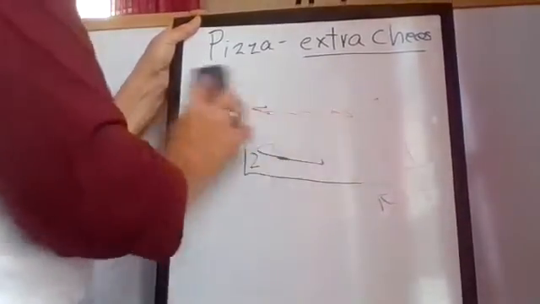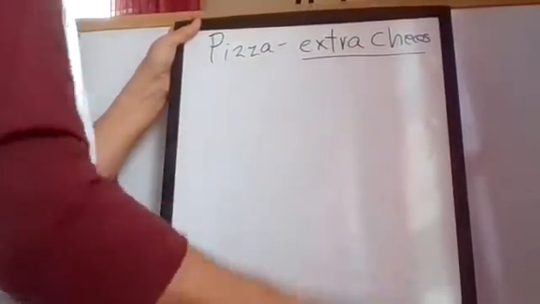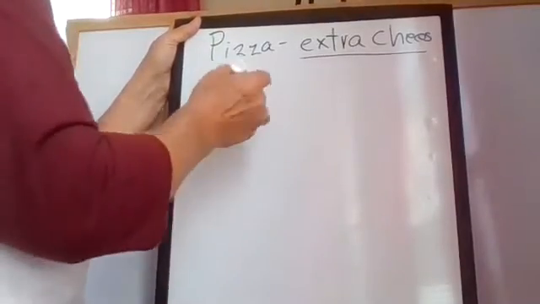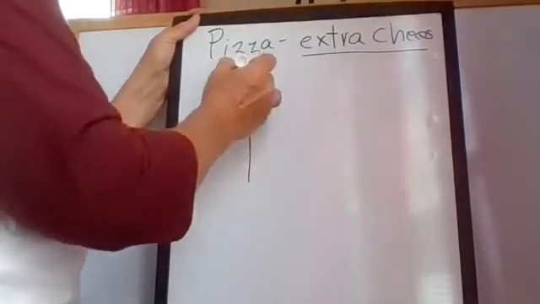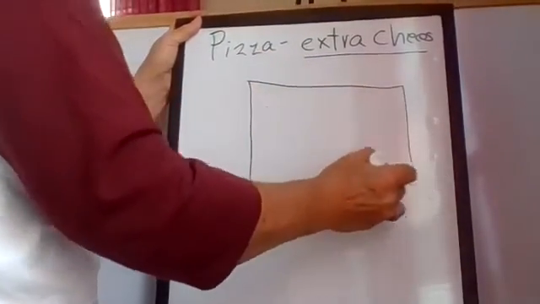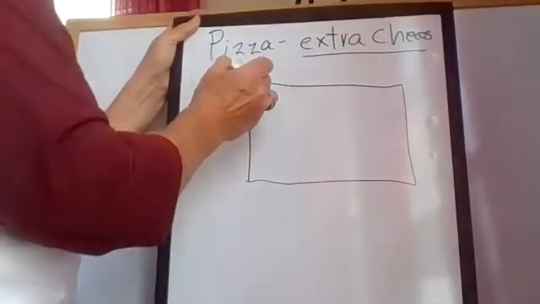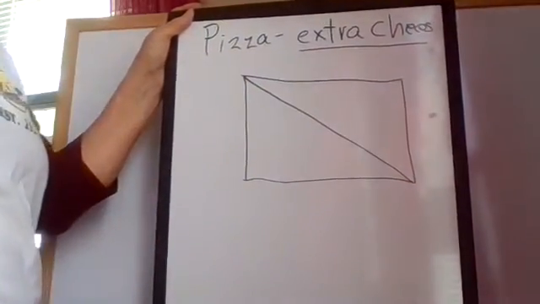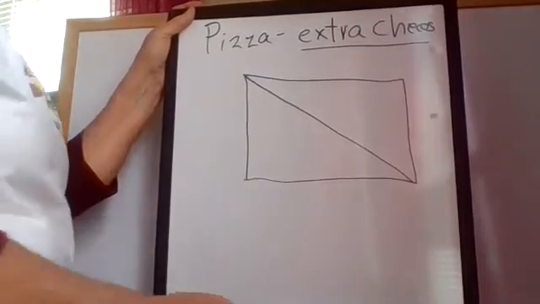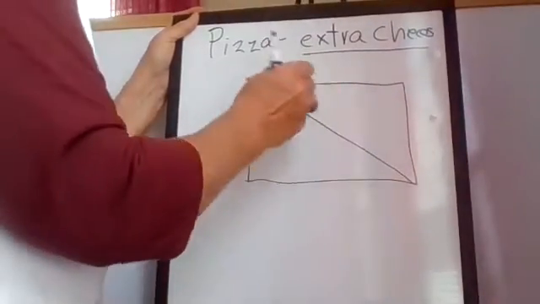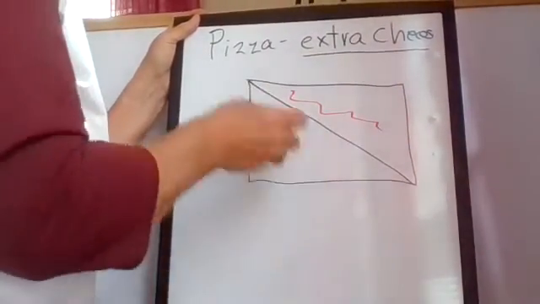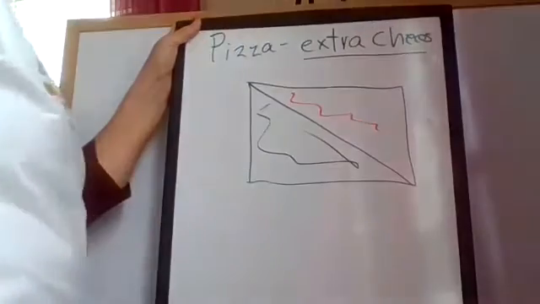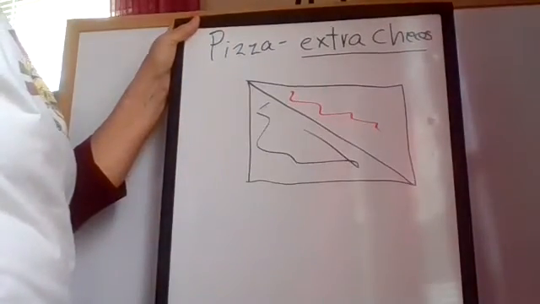Okay? Go ahead, draw another rectangle. This time I'm going to go end to end like this. Are they exactly the same? It sure looks like it. What would be one way I could find out if they were exactly the same?